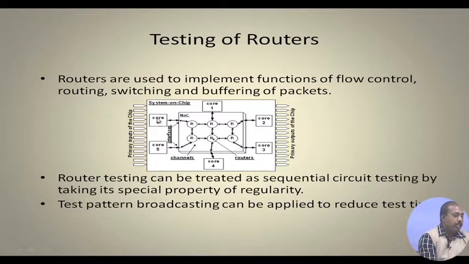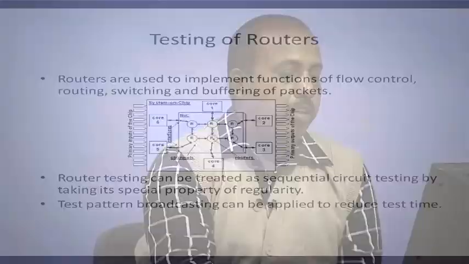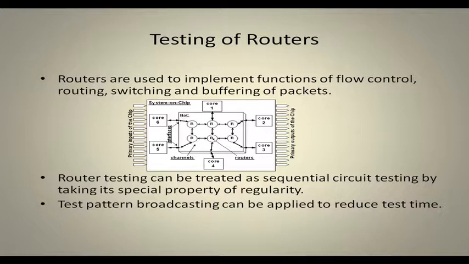We have seen how to test these cores, because core test patterns are provided by the vendors, and by a test scheduling approach we could apply those test patterns to the cores for testing. What remains to be seen is how to test these routers. Router testing is difficult, because it can be treated as sequential circuit testing by taking its property of regularity. All these routers are similar in their structure.